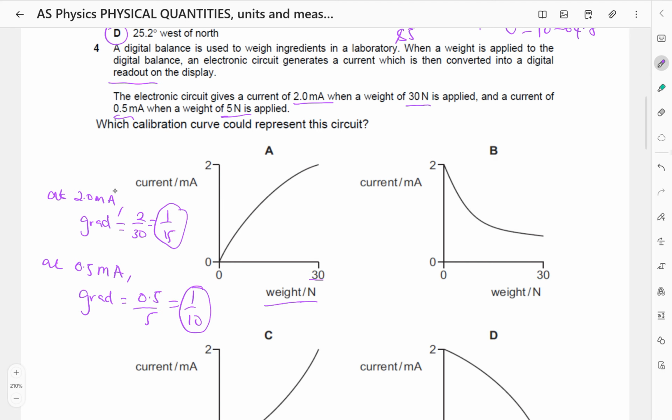So I will simply say that the slope decreases as the weight increases.